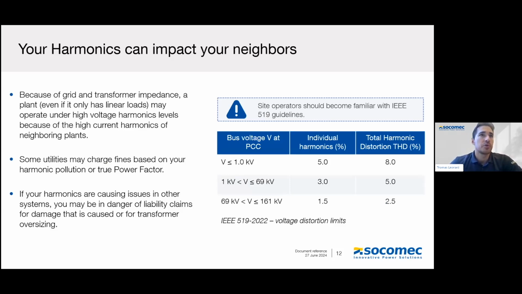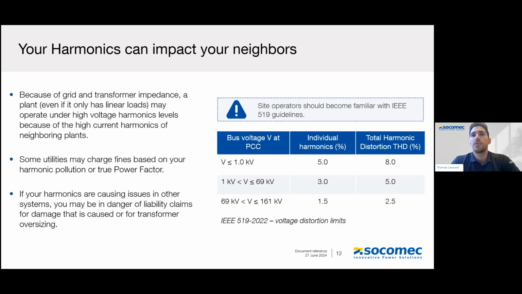Because of grid and transformer impedance, if you have a neighboring plant that has high voltage harmonics, even if your own facility only has linear loads, you might experience high voltage harmonics. So current harmonics generated by a neighbor could find their way and generate voltage harmonics upstream. And this voltage harmonics is what is going to be used by all the loads in other parts of the distribution.